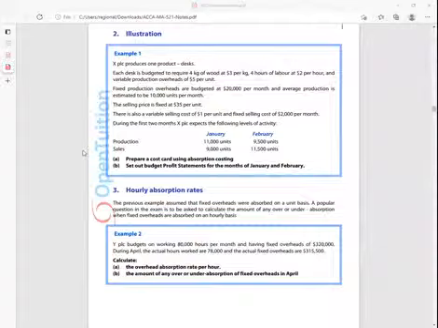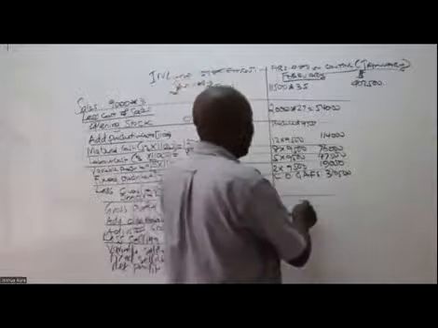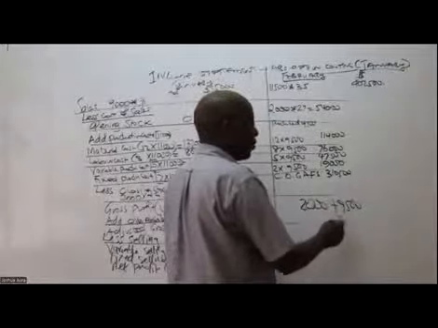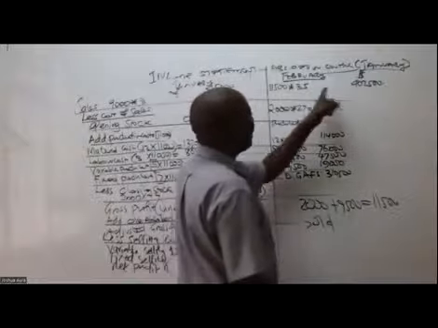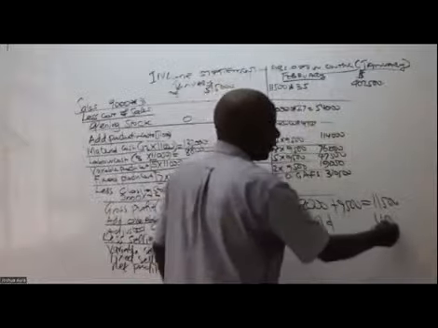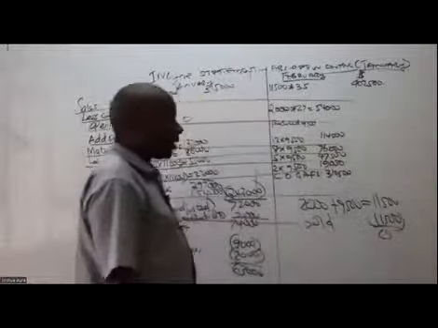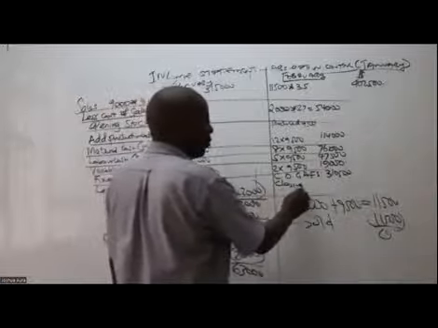Because we began the period with 2,000 brought forward, and then we produced 9,500, which gives us 11,500. But we ended up selling 11,500, so it means that we had nothing for closing. So closing here is 0.